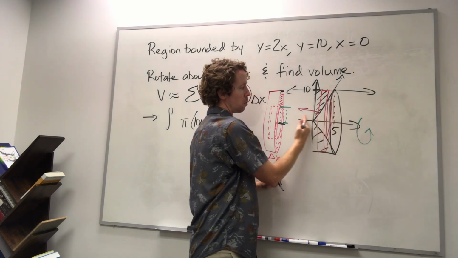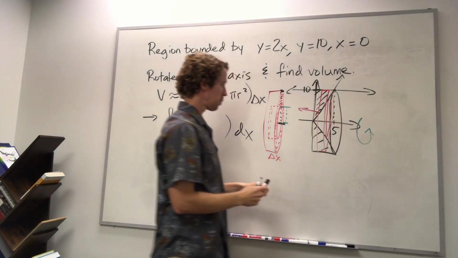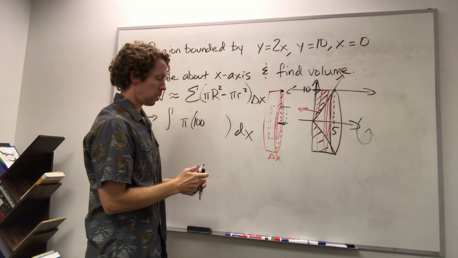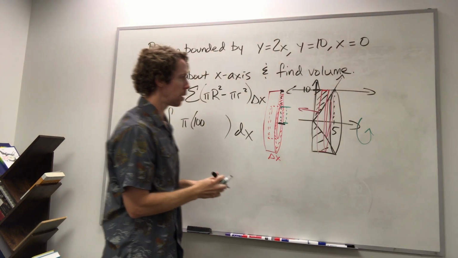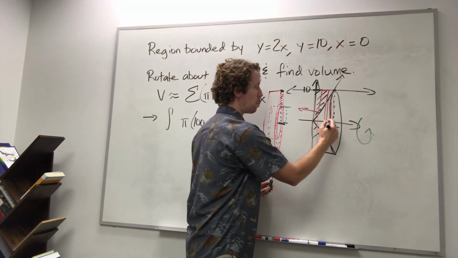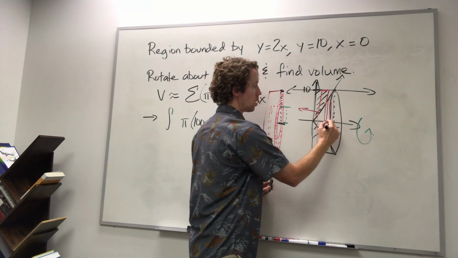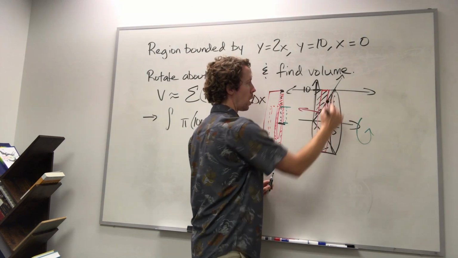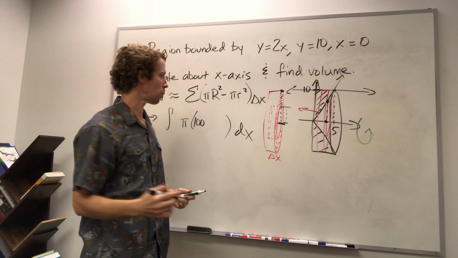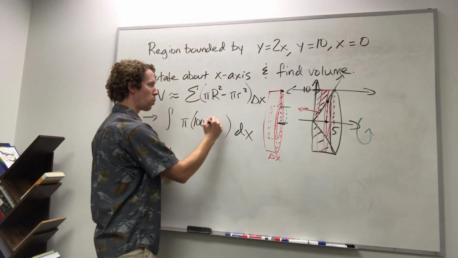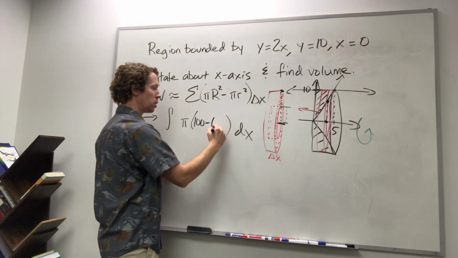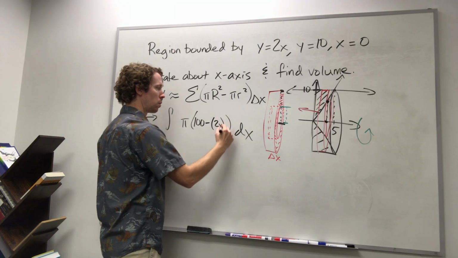If I choose them closer to the left, it's smaller. Whatever x value I pick in here, I just plug that into the line y equals 2x. That gives me the exact radius. So the thing that I'm squaring, this little r, is just 2x.